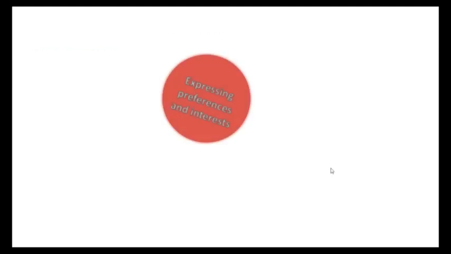Fantastic. Now let's remind ourselves of what we have done today. Today's topic, expressing preferences and interests. When talking about preferences and interests, we basically talk about things we like or dislike. So, we learned certain expressions and verbs when talking about the things we like.